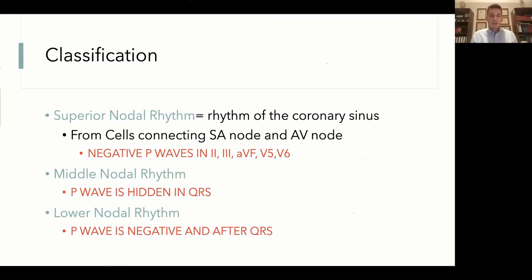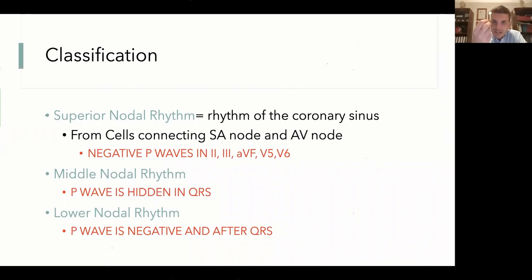If it's superior, we will have a negative P wave in lead 3, and lead 2. Lead 2 is the one you will look at for a negative P wave. It makes sense that the P wave will be negative. Why? Because the anatomical placement of the node that is firing, as pictured in the ECG, will be lower than the normal place in the SA node.